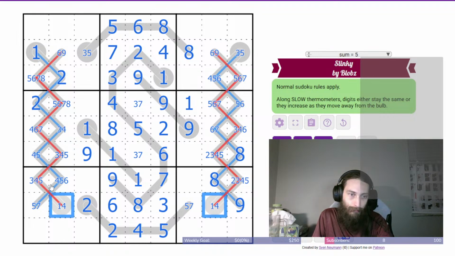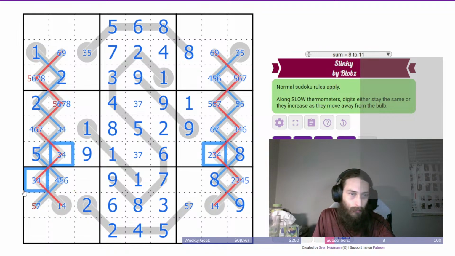So it would go 4, 5, 5. So this cannot be a 4, because if it was, or excuse me, this cannot be a 5, because if it was, that would break the one of these that has to be a 4. Right? Okay. Right. So then the 5s come out of here and here, making this a 7.